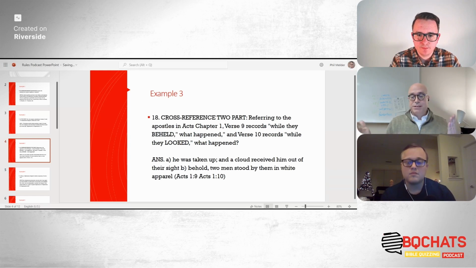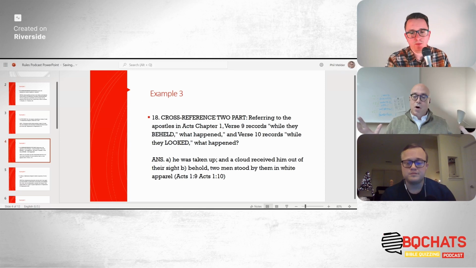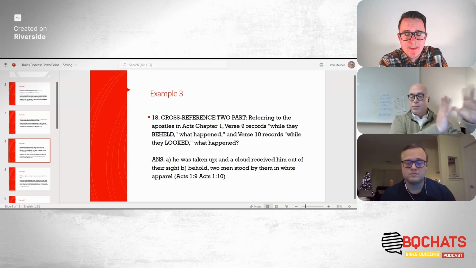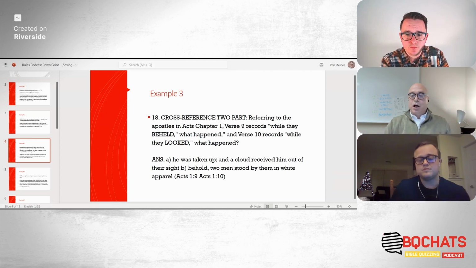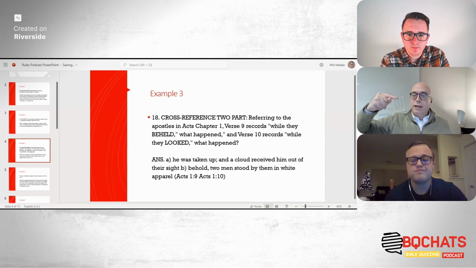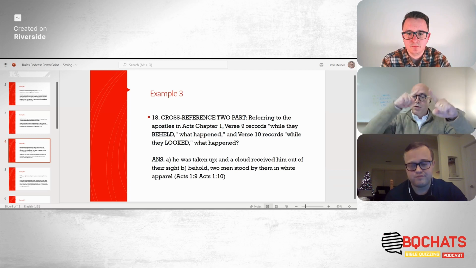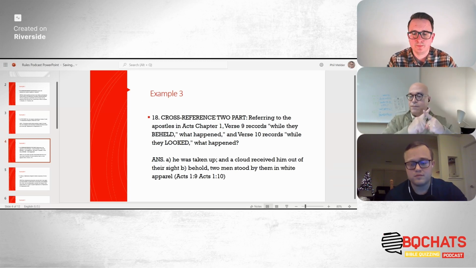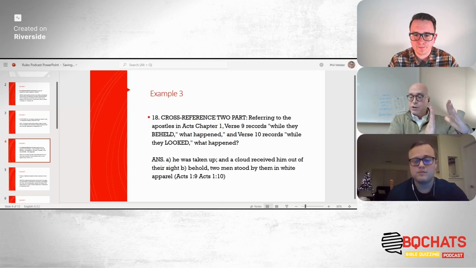Again, it just so happens that they're consecutive. So because all of those parameters were not given up front like the previous example, a quizzer is, in real time, thinking, okay, verse 9, while they beheld what happened, and they're searching for what other verse, contrasting or comparing information to pair with this one.